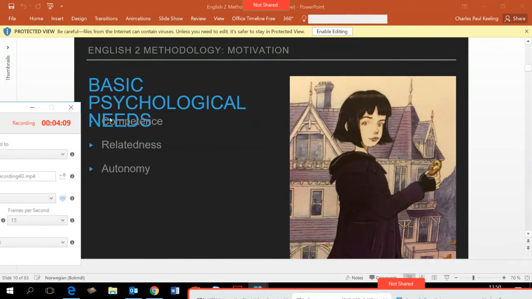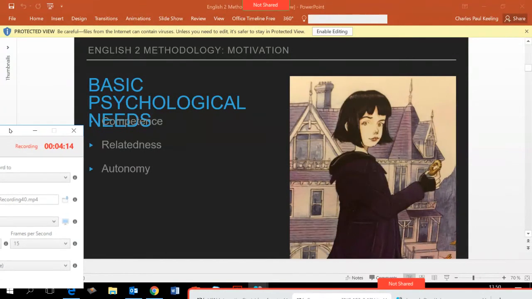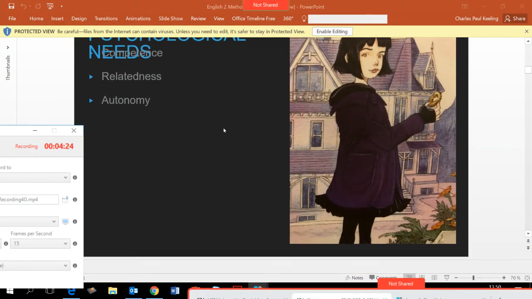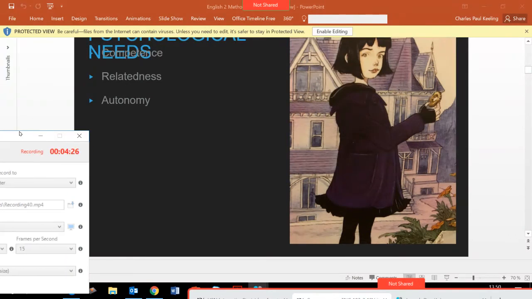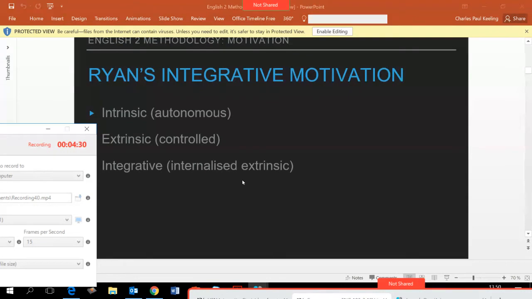And Deci talks about, sorry about this layout, but we've got it in the PDFs there as well, these basic psychological human universal needs of competence, being able to do stuff, relatedness, belonging to a group, and autonomy, being able to choose what you want to do, which is what I've tried to engender in the oral exam.